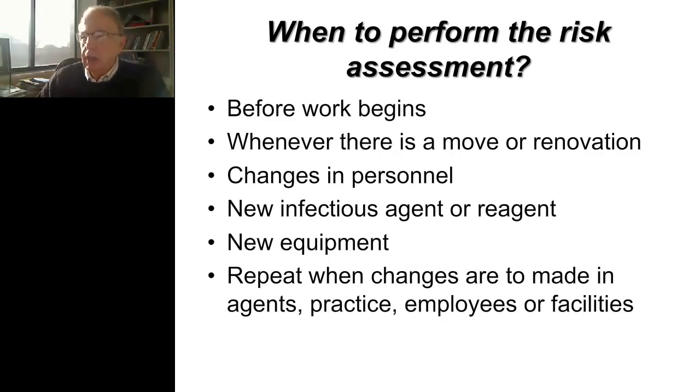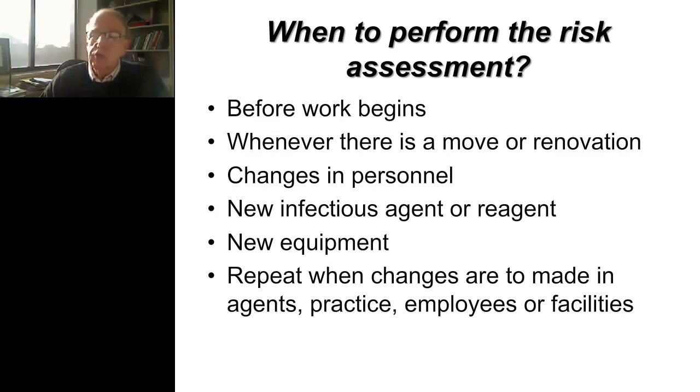And Ebola is a good example. When laboratories heard that there was the risk of patients suspected of having Ebola being seen in hospitals in the United States, the best approach for hospitals and laboratorians would be to do a risk assessment. If you get new equipment, do a risk assessment.